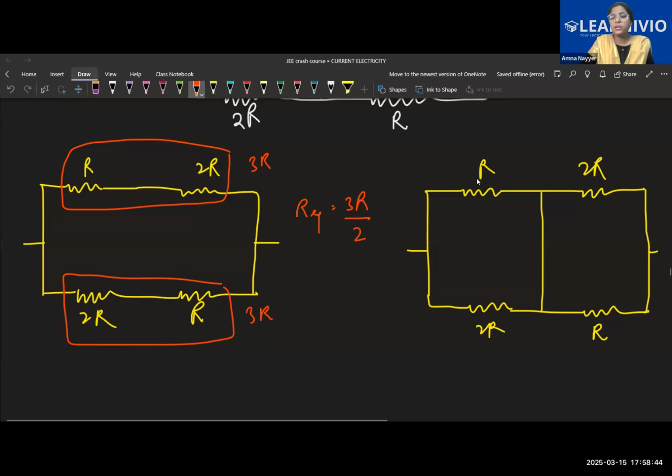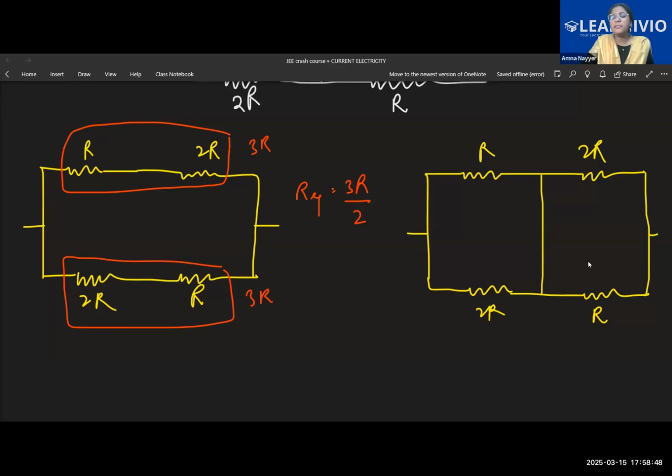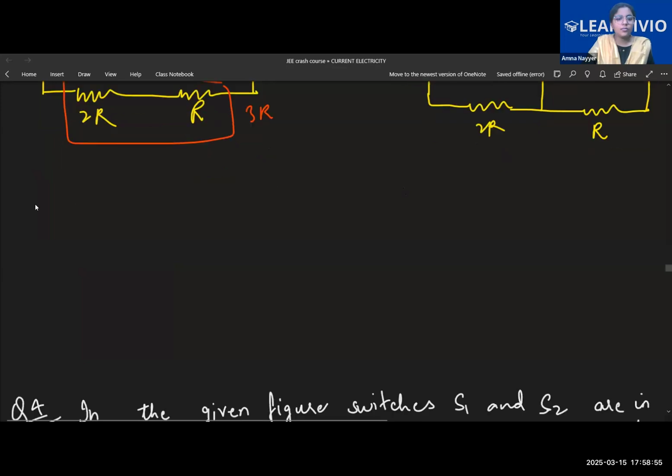How? Look, these two are connected in parallel. These two are connected in parallel. Their resultants will be connected in series. So it's better if you draw it like this. This is one resistor R, right? This is the 2R connected in parallel. This is 2R connected with R like this.